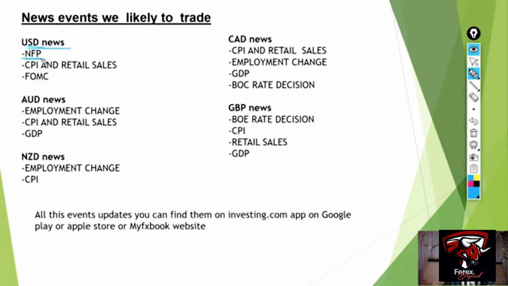The non-farm payrolls focus mainly on the employment change of the USA, meaning how many people are employed and how many people are unemployed. So we are able to identify how many people actually contribute to the USA economy. They're very important and they usually have high volatility movements. Now, when do we find the NFP news? We usually find it each month in the first week on a Friday.